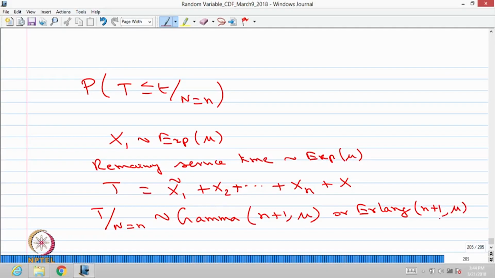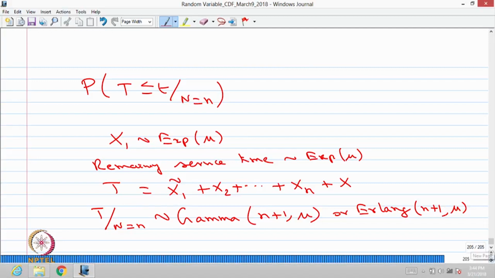There is another name for this: Erlang distribution with n plus 1 stages, with each stage exponentially distributed with the parameter mu. So, this is the conditional distribution of T given N takes a value small n.